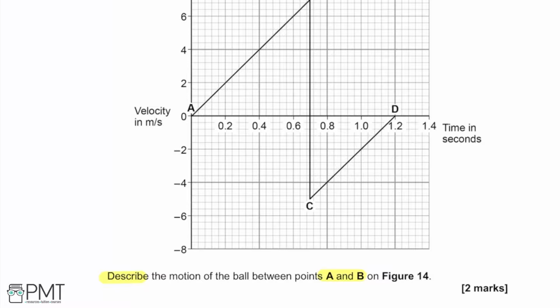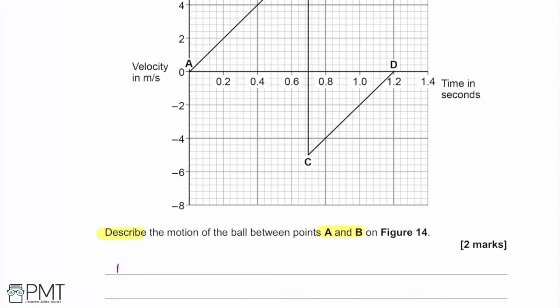So the gradient of a velocity time graph is going to be the acceleration of the ball. So the m, which is the gradient, is equal to the acceleration. If we didn't know this already, we could work this out because the gradient of a graph is equal to the change in the y-axis over the change in the x-axis.